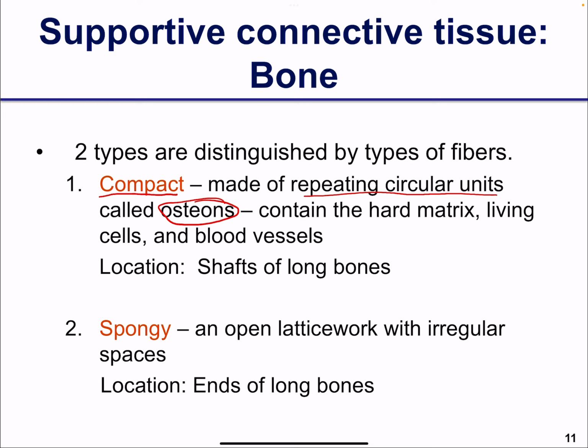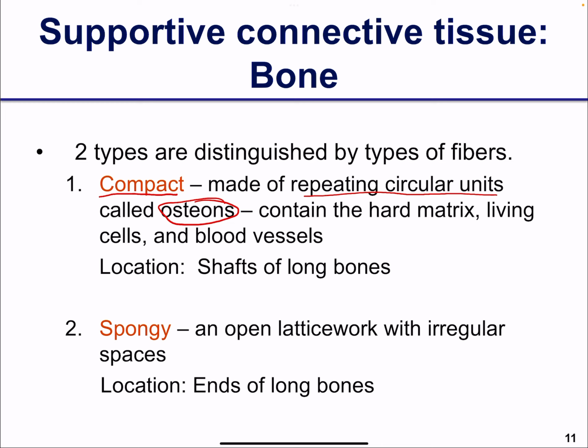That is a very important piece to remember. You are going to have blood vessels running through. You are going to have nervous tissue running through. That's why when you break a bone, it hurts, right? The blood vessels are going to bring nutrients.